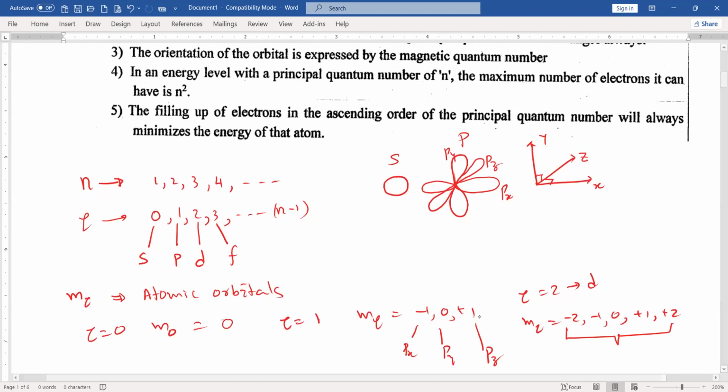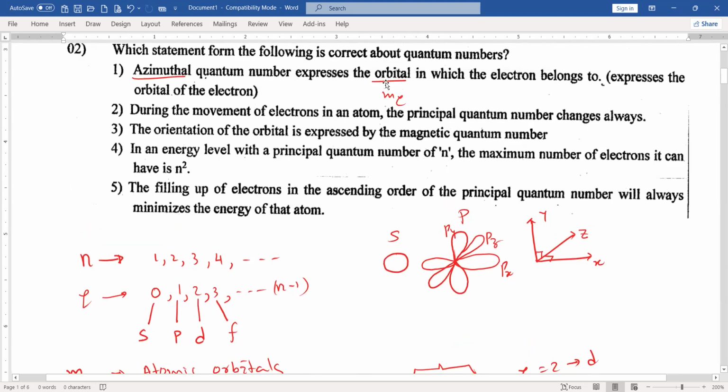Here for P sub-energy level, we have 3 orbitals, Px, Py, and Pz, like that. For the d also we have dxy, dyz, like that. Dz squared, x squared minus y squared, like that we have 5.